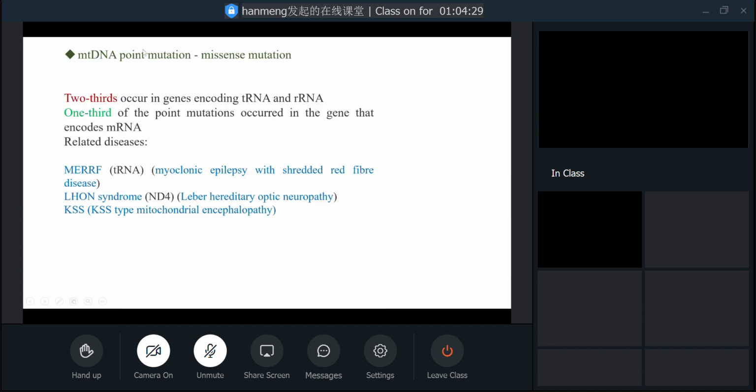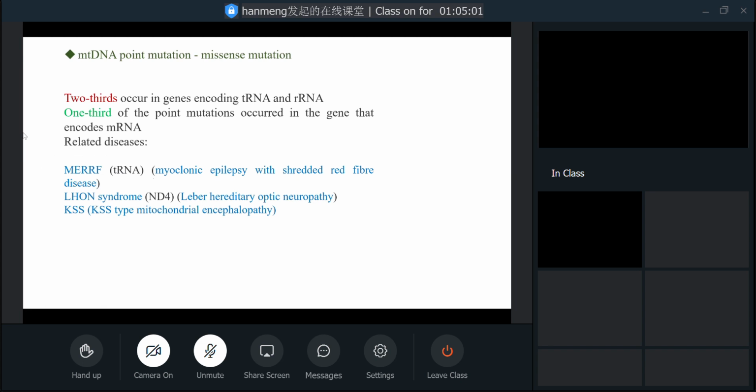First, the point mutation. Most of the point mutations are missense mutations. Two-thirds occur in genes encoding tRNA and ribosome RNA, and one-third of the point mutations occur in the genes that encode the messenger RNA. The related disease is MERRF, which affects the tRNA gene. Also, a famous one of the mitochondrial DNA, the LHON syndrome.